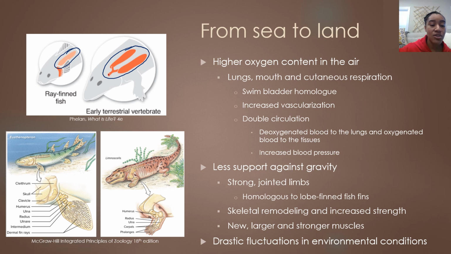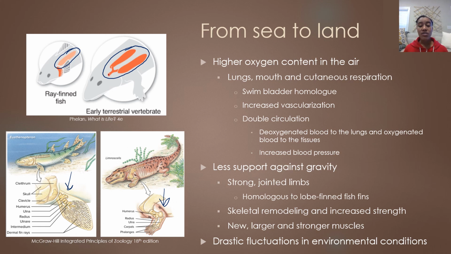And you can see those structures when you compare them in the lobe-fin fish in this picture and the early tetrapod. You see there's a lot of similarities. And then they also had to undergo some skeletal remodeling and skeletal strengthening to support their weight appropriately against the pull of gravity.